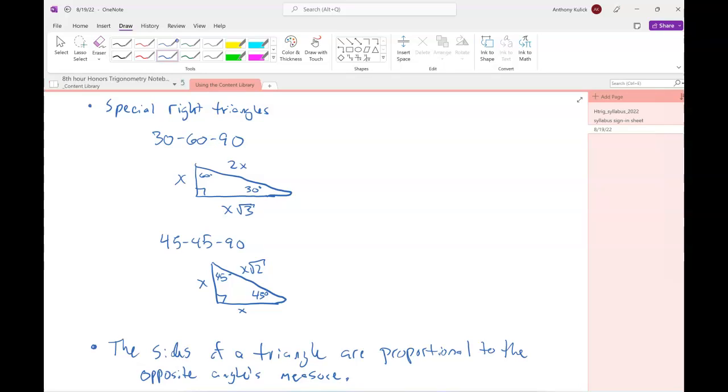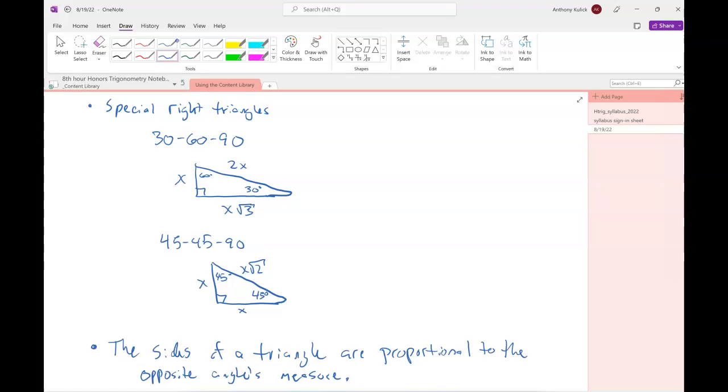So how does that help me remember where the x root 3 and 2x go? If I look at the coefficients on the variables, 1, root 3, and 2, and put those in order, 1 is 1, root 3 is like 1.7, and then 2. So 1 is the smallest, that should be across from the 30.